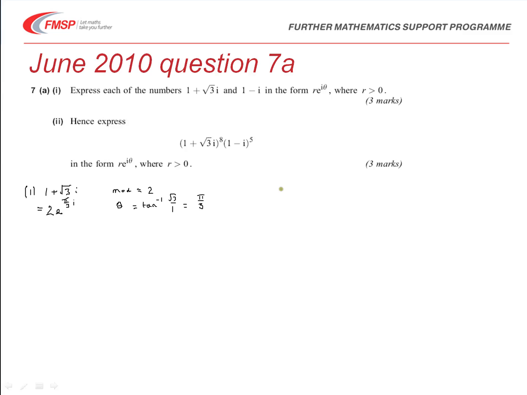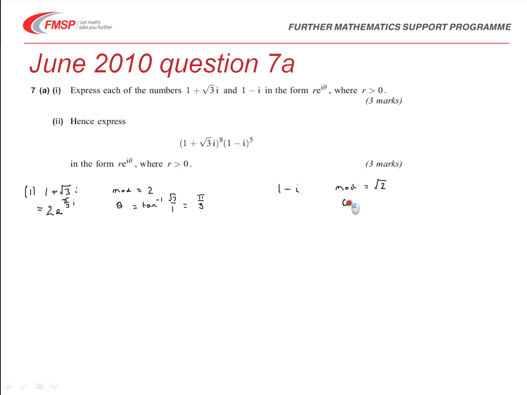Similarly for the second number, the 1 minus i, we know its modulus is going to be 1 squared plus 1 squared, because the imaginary part there is negative 1, which when squared will become positive. So that becomes 1 plus 1 is 2, so that becomes root 2 for its modulus.